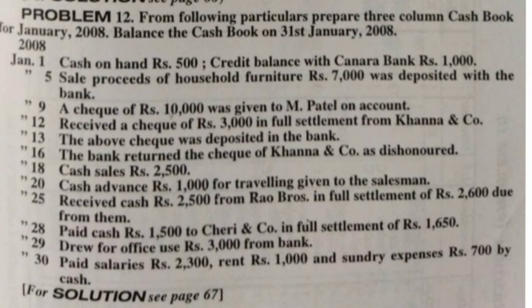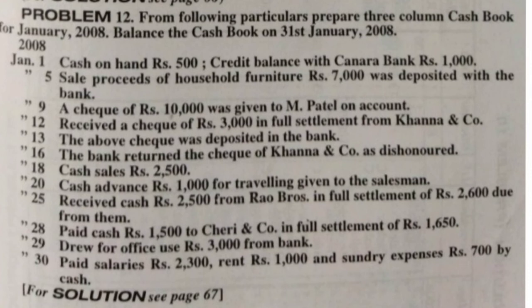So we can call it capital. This household furniture sale proceeds can be called capital balance. So we will credit this amount to the capital and debit the amount to the bank.